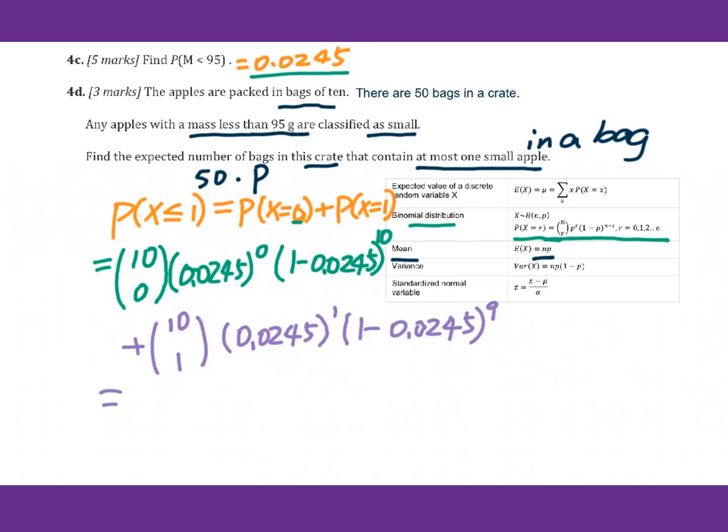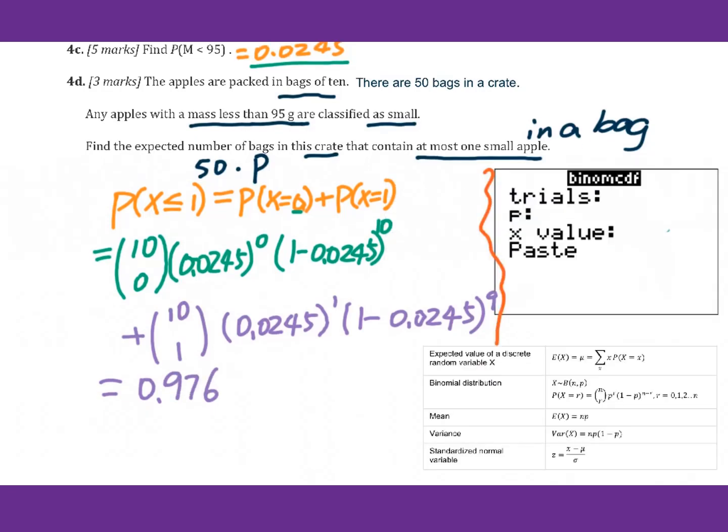You put this into a graphing calculator and you will get 0.976. Or you can use the binomial CDF. Trials is 10. Probability will be 0.0245. X value will be 1. CDF means X less than or equal to 1.